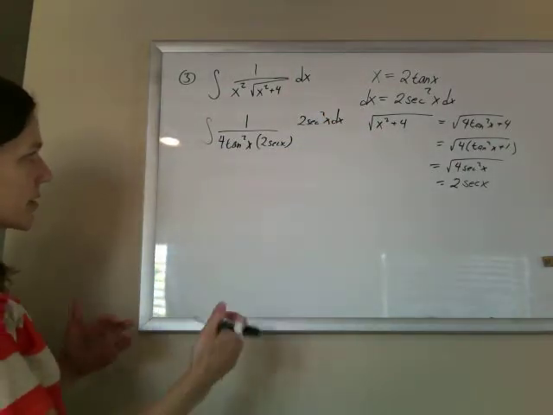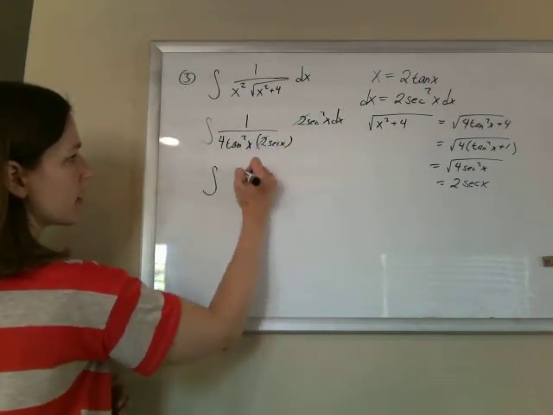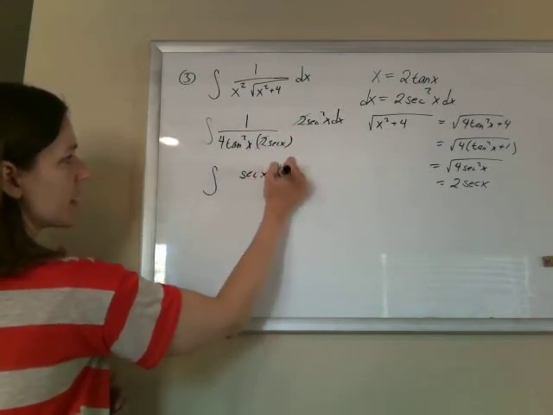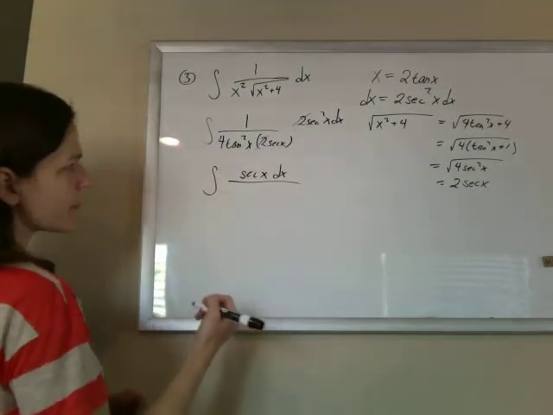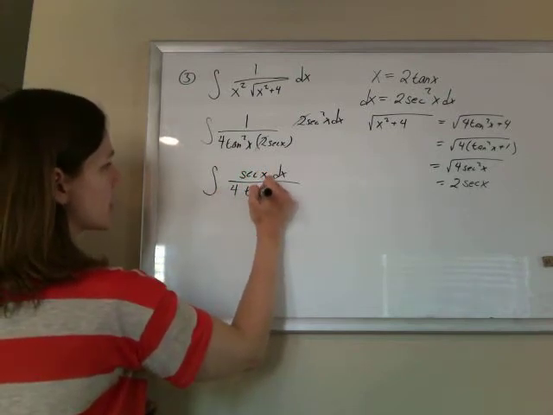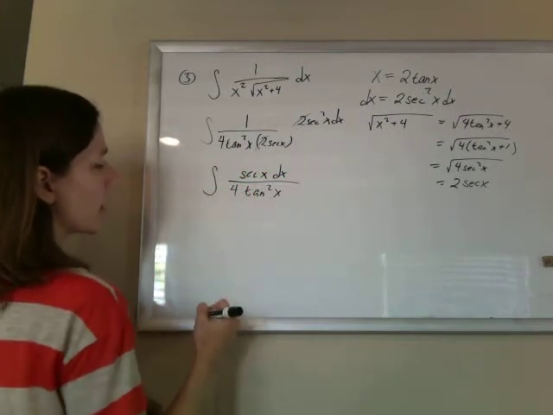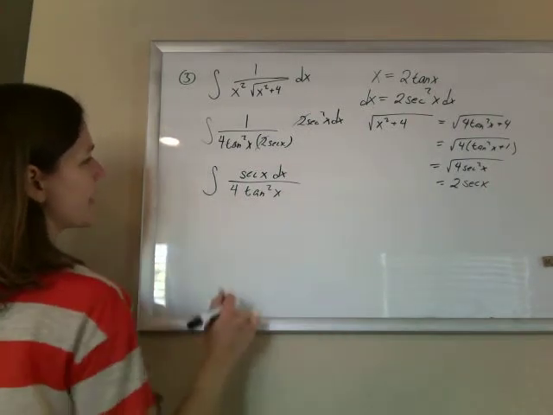Now we just clean this up. The 2's will cancel. One of the secants will cancel. So on the top you have secant θ dθ, and on the bottom, yuck, you have a 4 tangent squared θ.